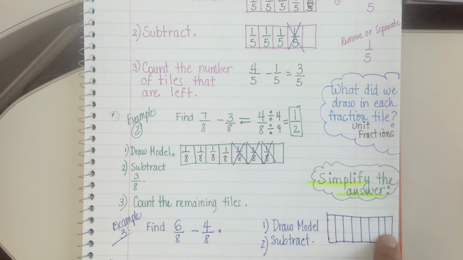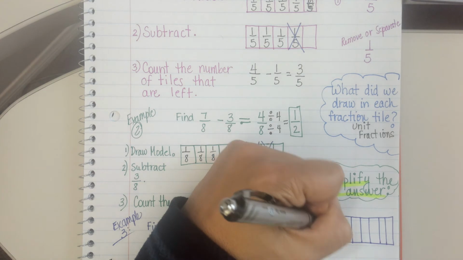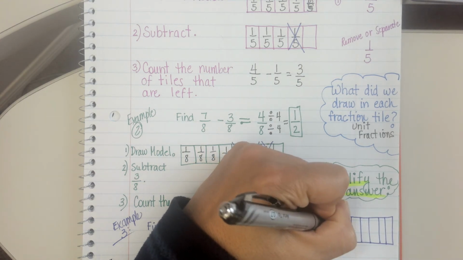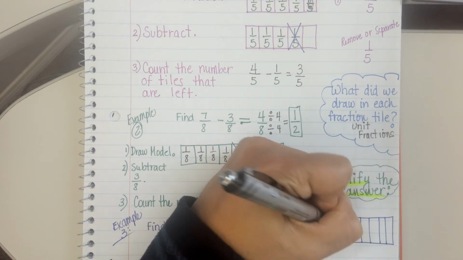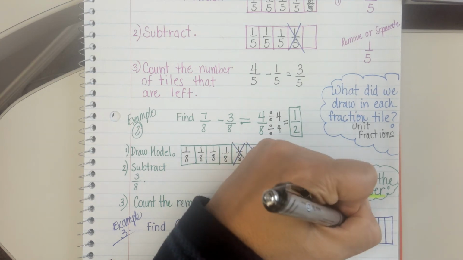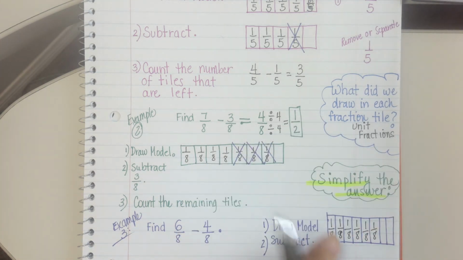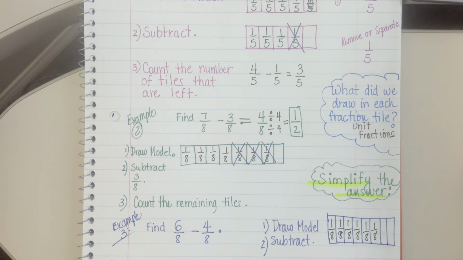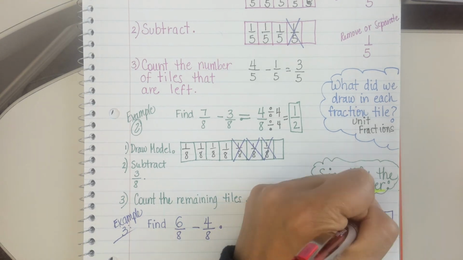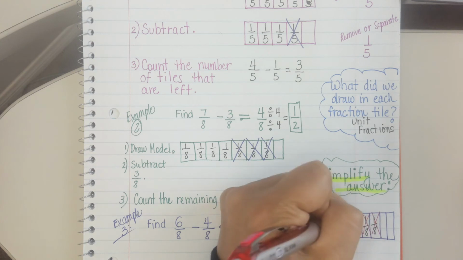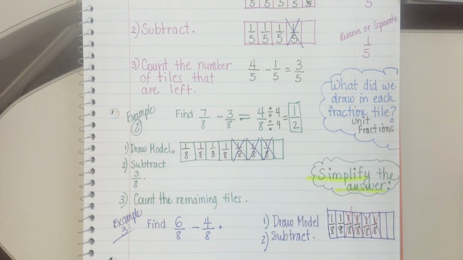So I divided this into 8 parts. I'm going to label 6/8 by making unit fractions. 1, 2, 3, 4, 5, 6, 6/8. Step 2, I need to subtract 4/8. So 1, 2, 3, 4.